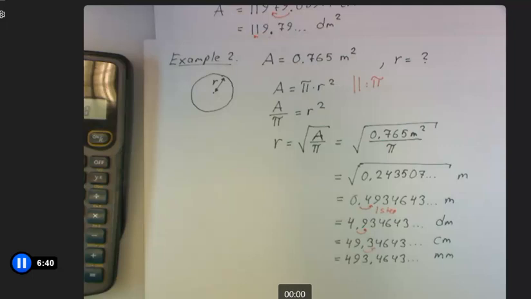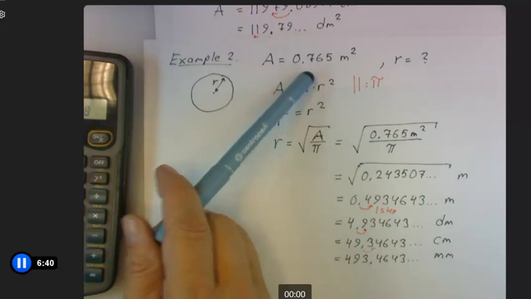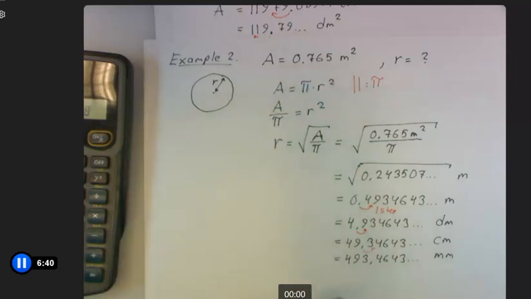If we round the final result to the same accuracy as the starting value of this problem, what would be the correct rounding? How many figures do I write?